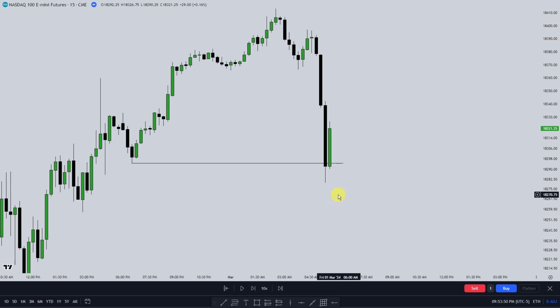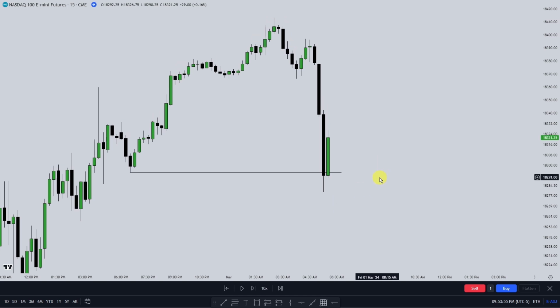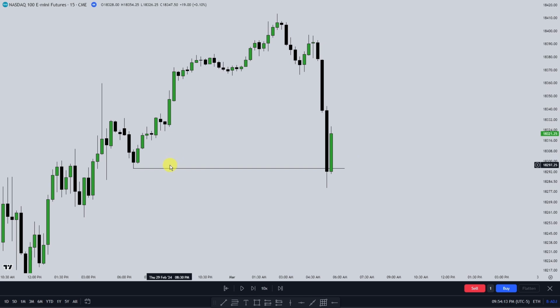And I don't know how many of you are going to understand that, but sometimes price might close just below it, and when you see an instant rejection, a retracement higher, then chances are it was a liquidity sweep, because not every time price closes below it is it a market structure shift. But predominantly, most of the time, it is.